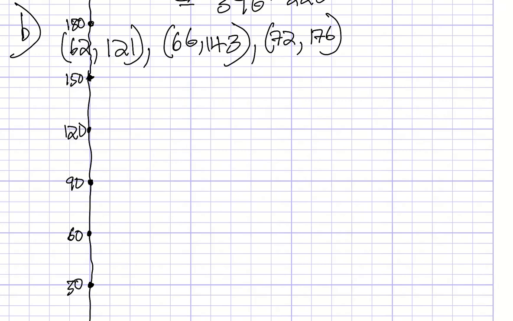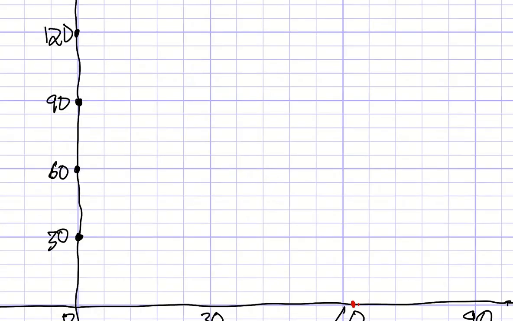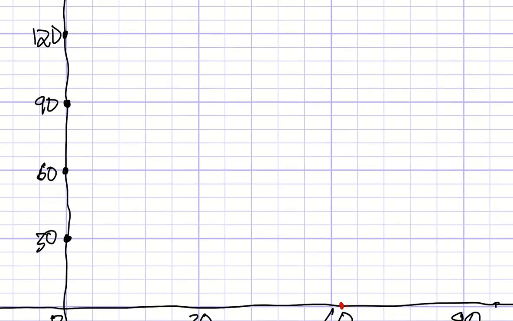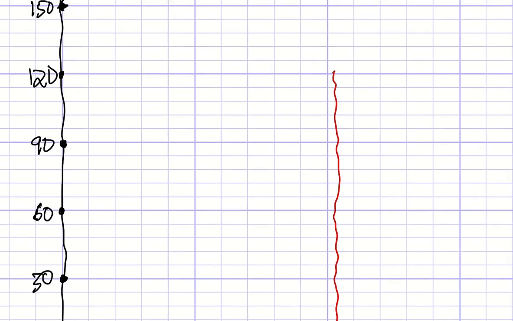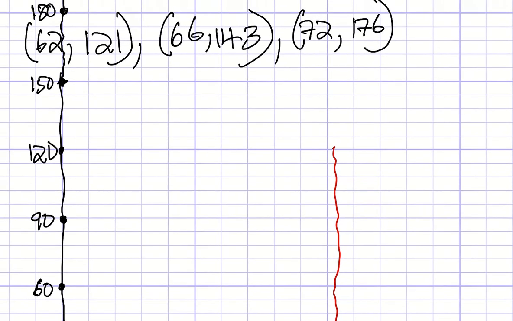Again, each is 6, so we're trying to find 121. Here is 120. I draw the line because I want to see where I land. I don't want to land in the wrong place. The line is not necessary. 121 should be somewhere here. That's enough for us.